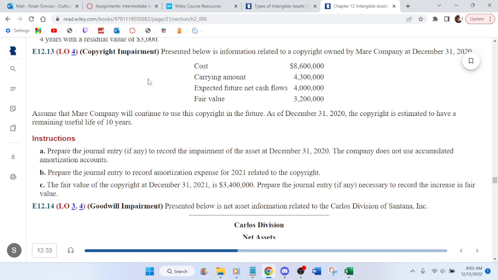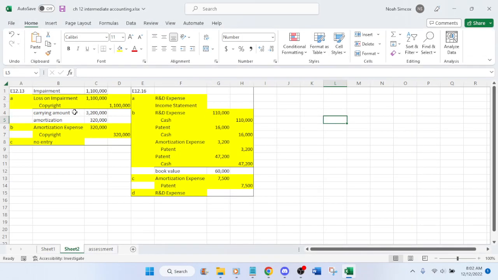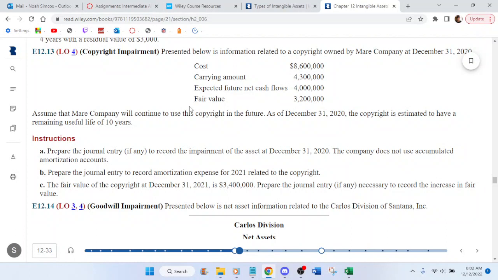It's going to be an amortization expense of 320,000. So you do amortization expense 320,000, copyright 320,000. Yep, that's exactly right. C, fair value of the copyright has increased. So you do not record the increase in fair value of the copyright. Number 16.